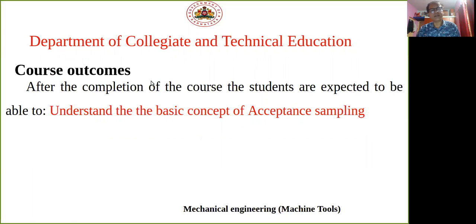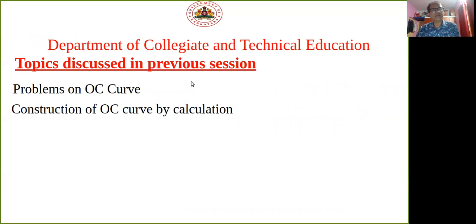Once again, the course outcome is that after the completion of this unit 6, the students will be able to understand the basic concepts of acceptance sampling. In the previous session, session 5, we discussed some problems on the OC curve and the construction of the OC curve by calculations.